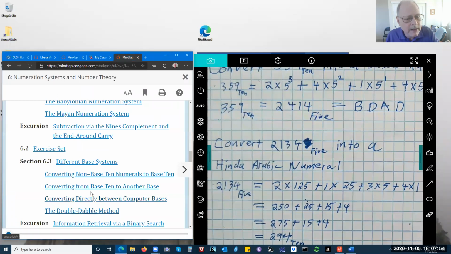And then in the textbook, in 6.3 here, the way they organize it is they'll convert various different bases into base 10. So that's one section. And then their other chapter is, okay, we'll take base 10 and go into various other bases.